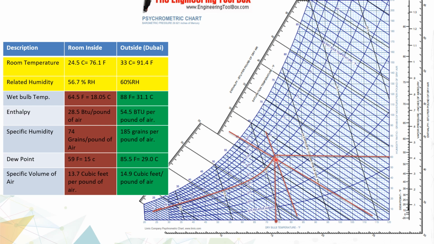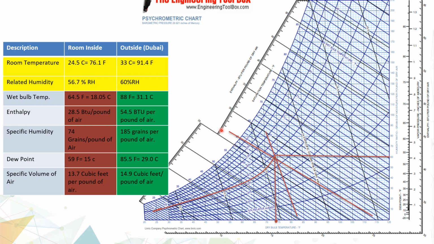So let's go deeper. Wet bulb temperature: this line represents the wet bulb temperature. Our wet bulb temperature is 64.5 degrees Fahrenheit. That means it is 18.05 degrees Celsius. Then enthalpy, it connects here.